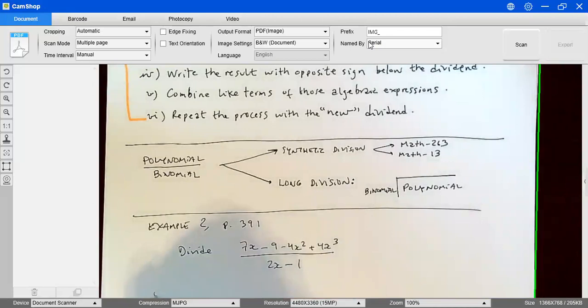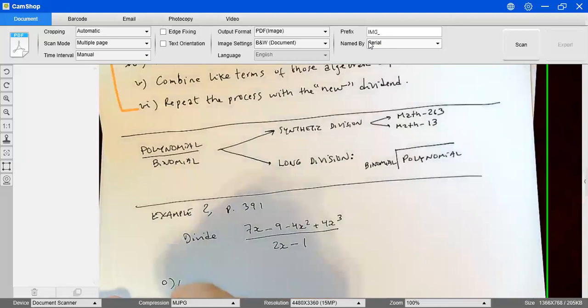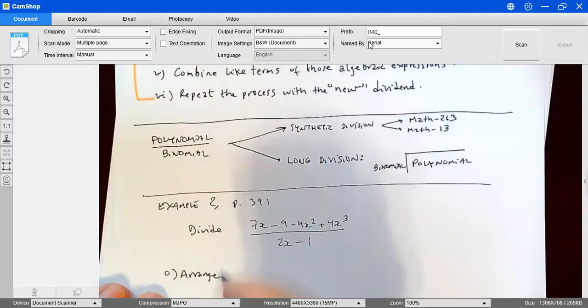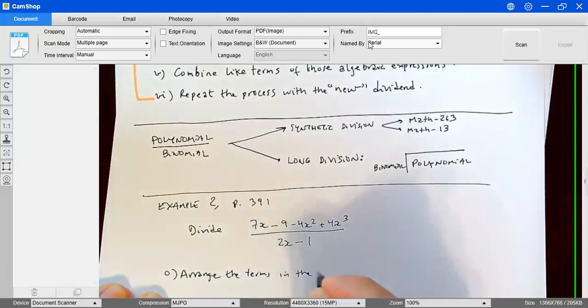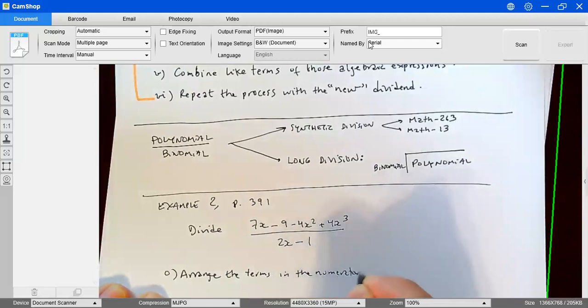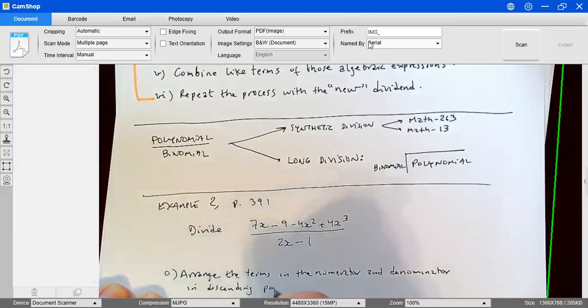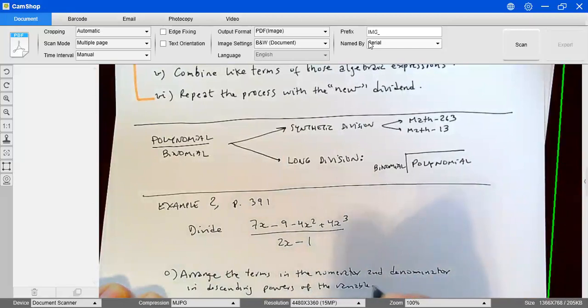So that's our step 0. You're going to arrange the terms in the numerator and the denominator in descending powers of the variable of interest.